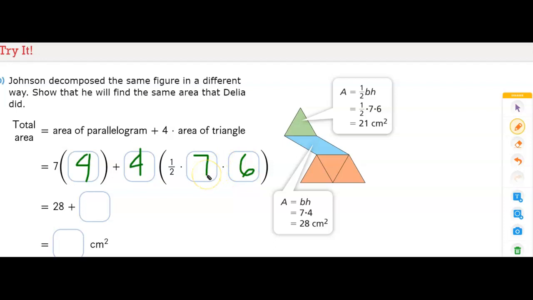And then 3 times 7 is 21. And then 4 times 21 would be 84. And then 84 plus 28 would equal 112 centimeters squared. So the total area is 112 centimeters squared. So even though they solved it using different formulas, they still were able to get to that same area.